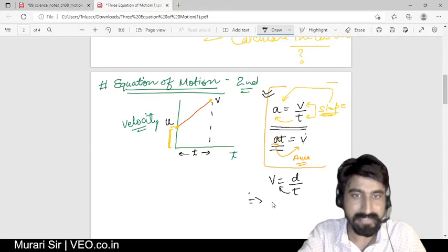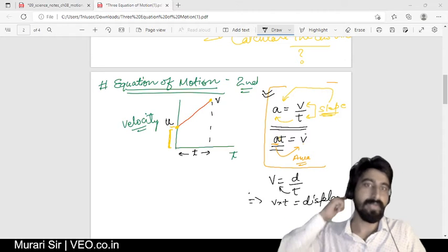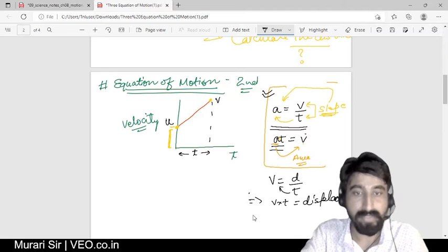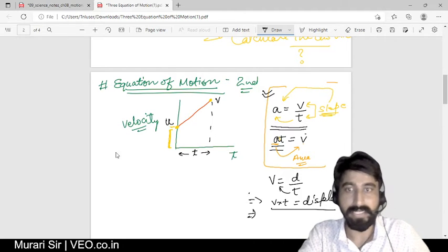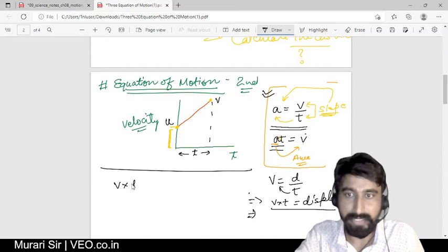I will get velocity multiplied by time is equal to displacement. Let me write it on the left: velocity multiplied by time is equal to displacement.